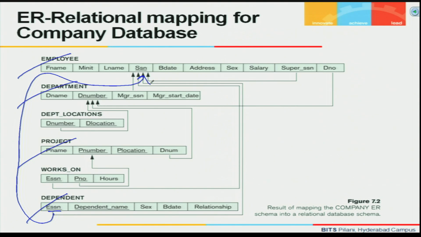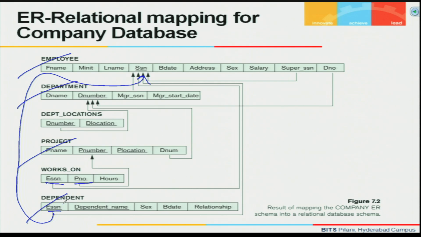And if you look at works on, which is an M:N relationship between employee and project, I have included employee SSN and P number, both foreign keys pointing to primary keys of the corresponding tables, and ESSN and P number put together is the primary key for the relation.